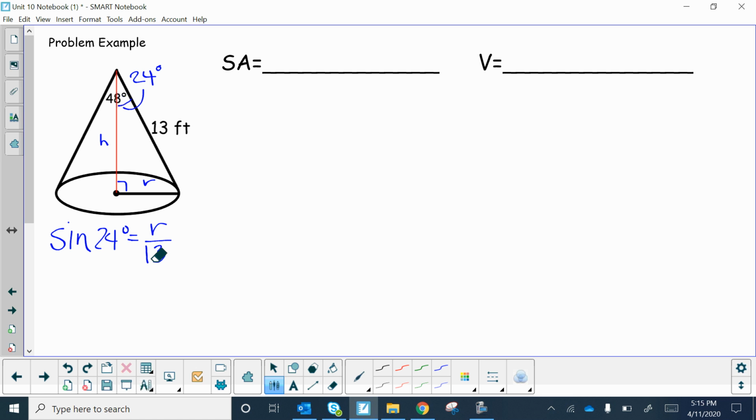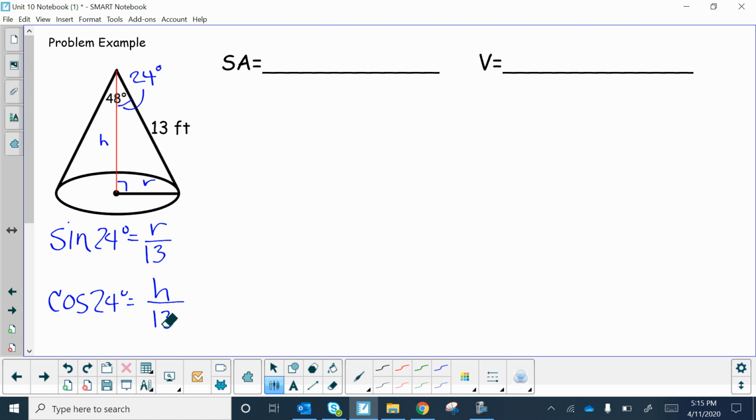And then adjacent is the h, so I'm going to use cosine. Cosine of 24 degrees equals adjacent over hypotenuse. So I'm going to use those two and my calculator to solve for the radius and the height.